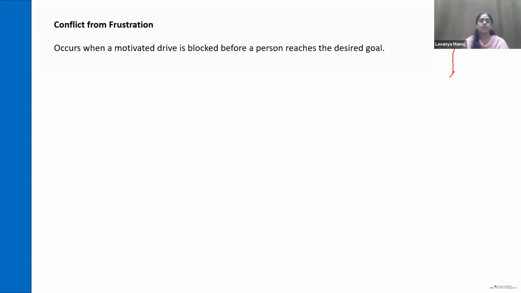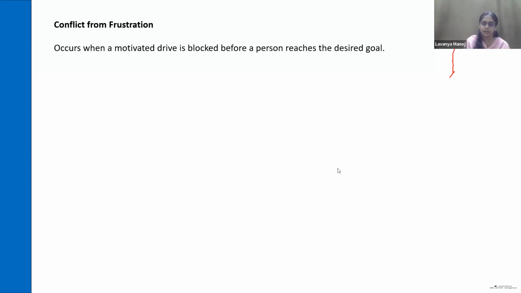Conflict from frustration. That is, the motivation drive is blocked before the person reaches the desired goal. A person may be trying to achieve either the organizational goal, the team's goal, or the individual goal, whatever it may be. After some point of time, they may feel very low for various reasons.